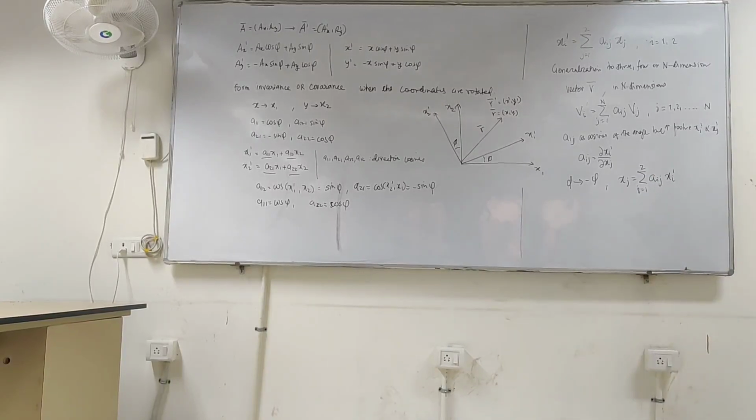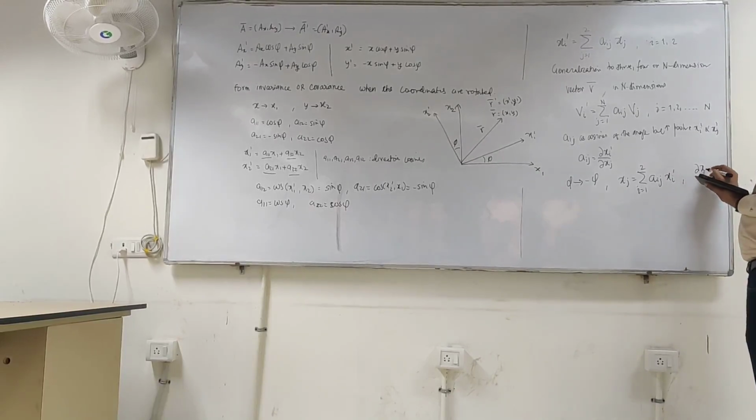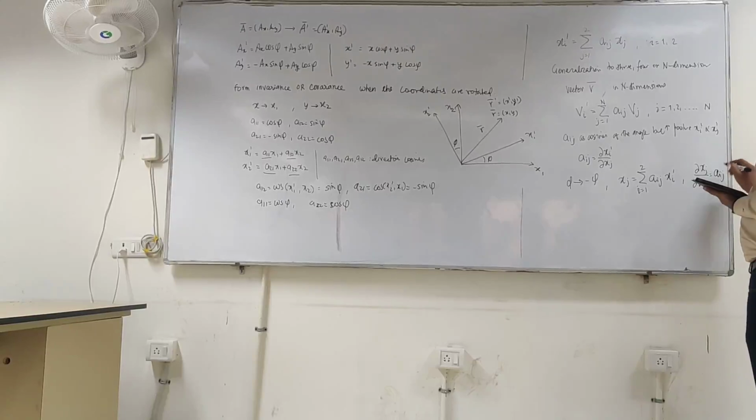Or you can say that dxj by dxi prime is equal to Aij.